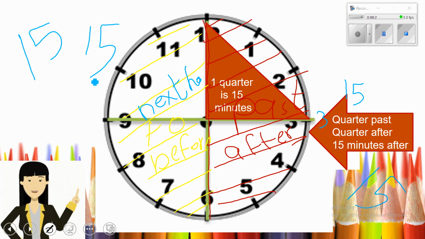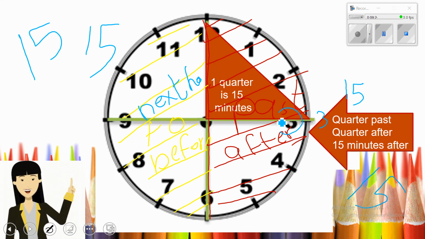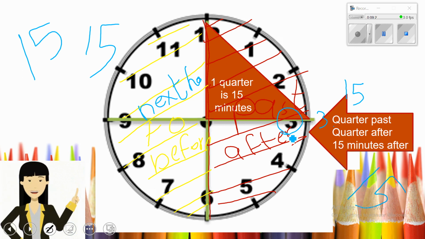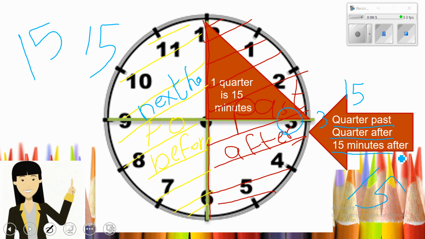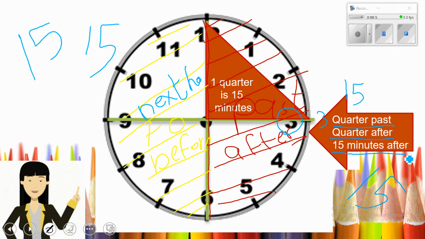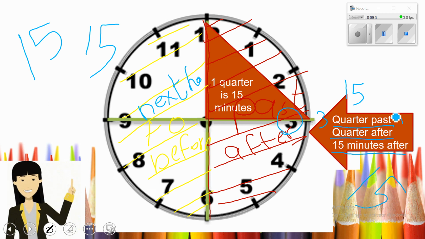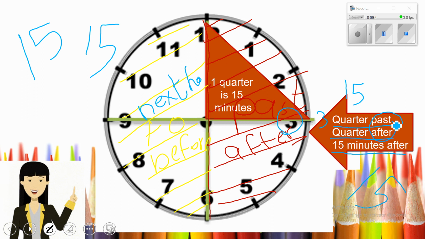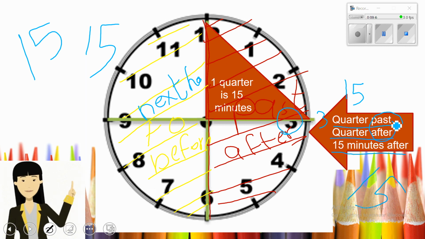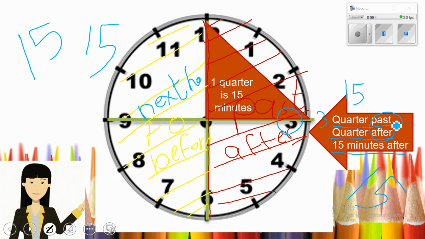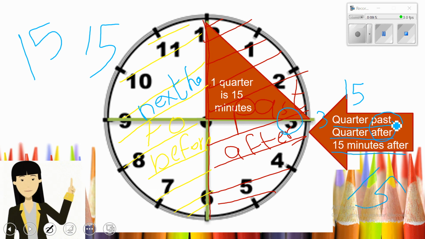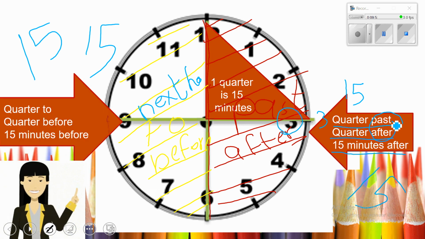When I'm reading the time, when I'm on 3, I say it's a quarter past, or a quarter after, or 15 minutes after, or 15 minutes past. So I want you to focus on past and after for 3. Let's see 9. 9 is a quarter to, quarter before, or 15 minutes before.